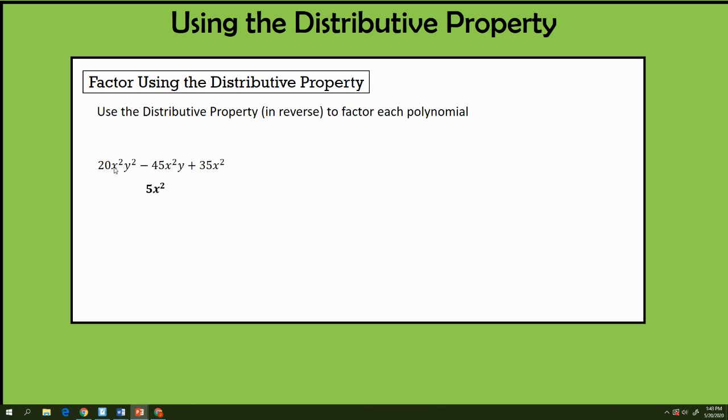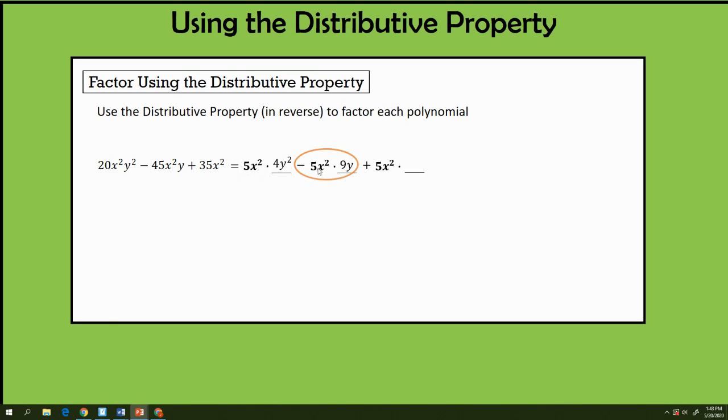Next step is to write each of these as a number times 5x squared so that I can factor it. So 5x squared times what number will give me 20x squared y squared? Well, 4y squared, right? 5 times the 4 is the 20. X squared times y squared is x squared times y squared. So I needed 4y squared to multiply by 5x squared here.